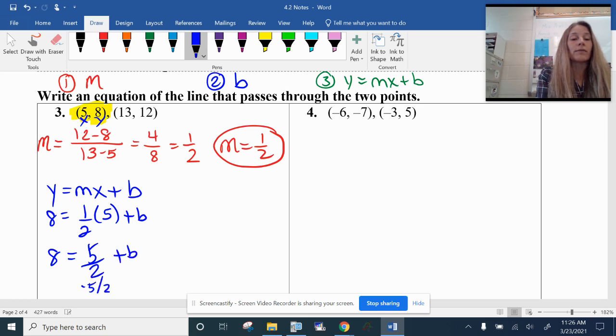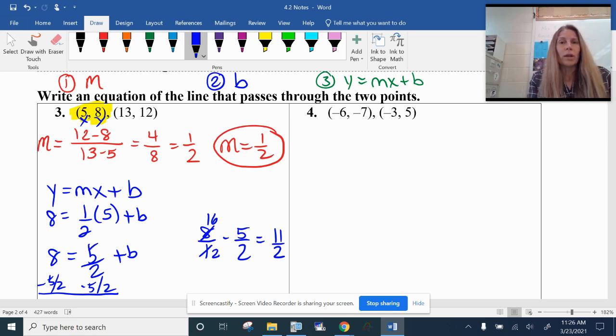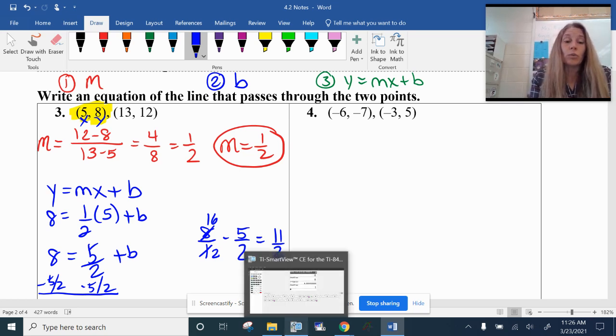So I'm now going to have to subtract 5 over 2 from each side. So here's your options. You can do 8 over 1 minus 5 over 2 kind of over here on the side and just make sure you get your common denominators and then subtract, and we end up with 11 over 2. Or if the numbers were bigger or more challenging to work with, you could do it on your calculator.